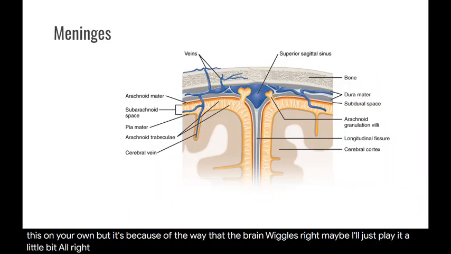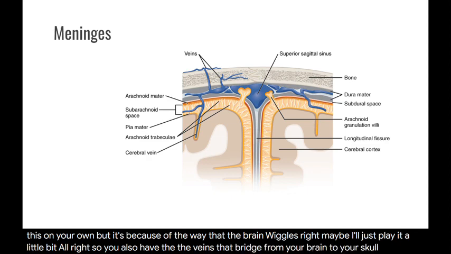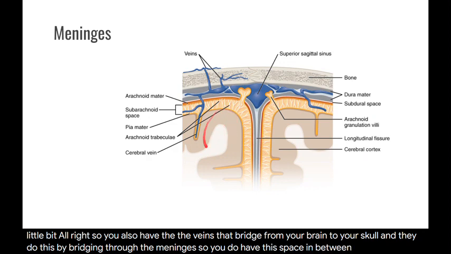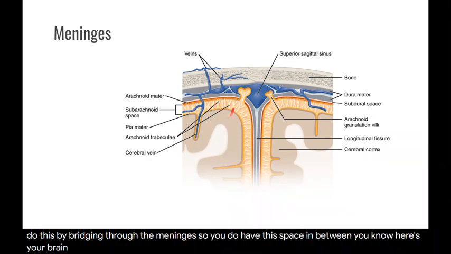All right, so you also have the veins that bridge from your brain to your skull, and they do this by bridging through the meninges. So you do have this space in between, you know, here's your brain, and there's a couple of different spaces between this and the skull.